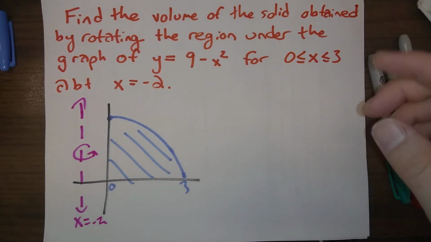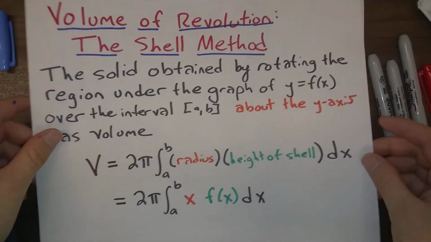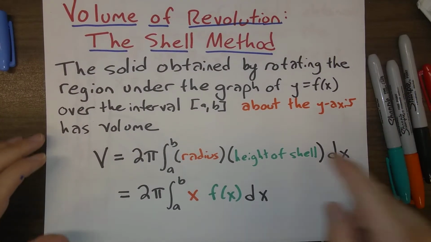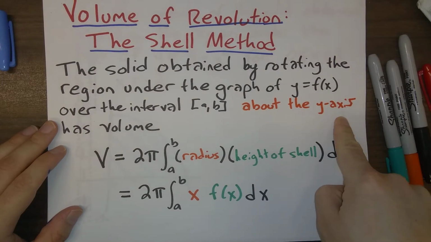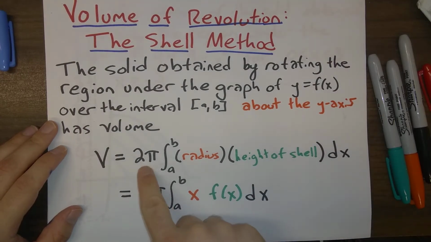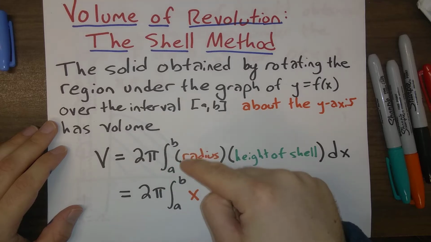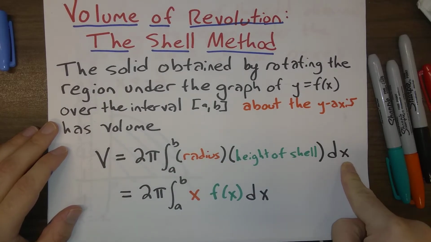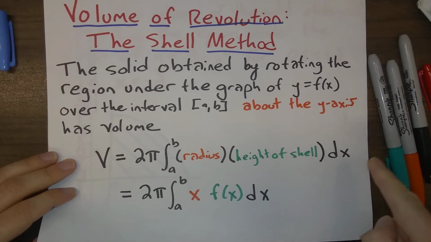And so let's take a look once again at our big formula here. This is for about the y-axis, so we're going to have to make changes here. The volume is 2 pi times the integral from a to b of the radius times the height of the shell, dx. Now, what's going on here?